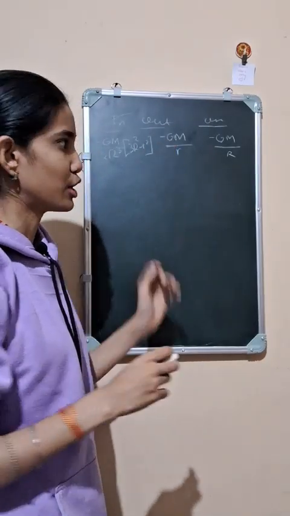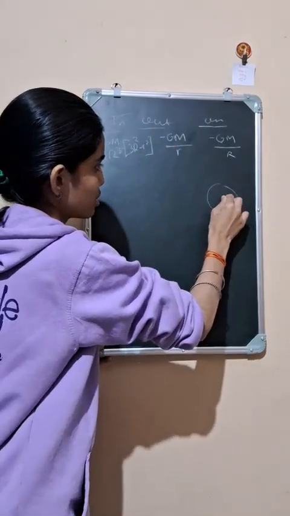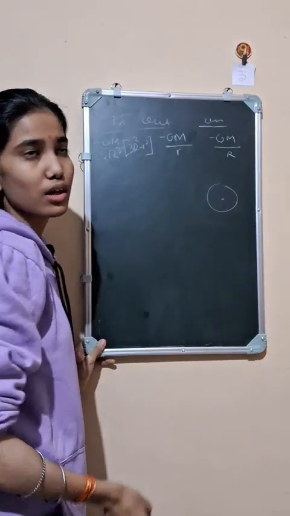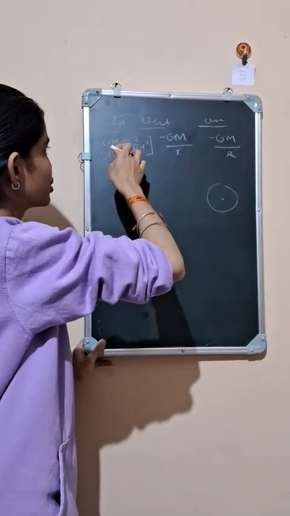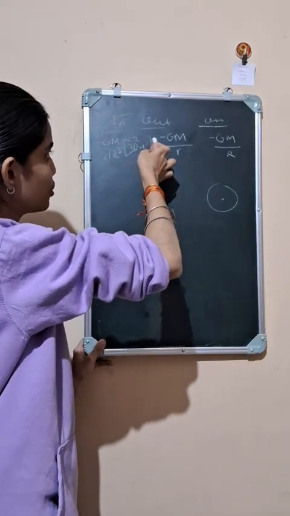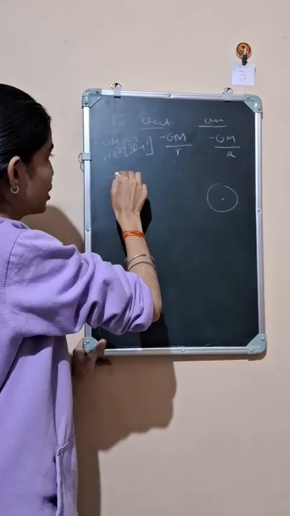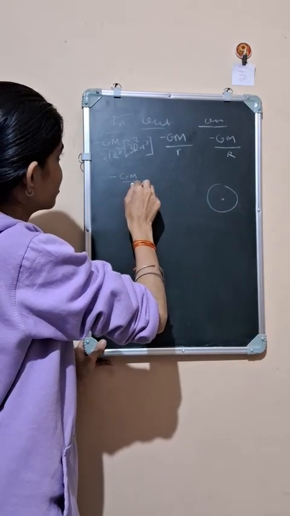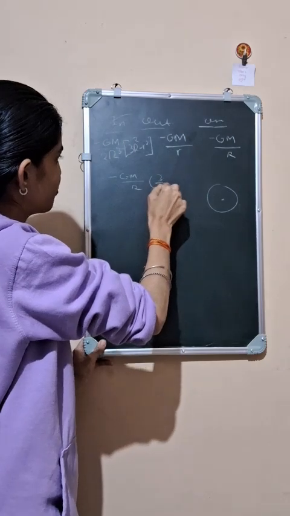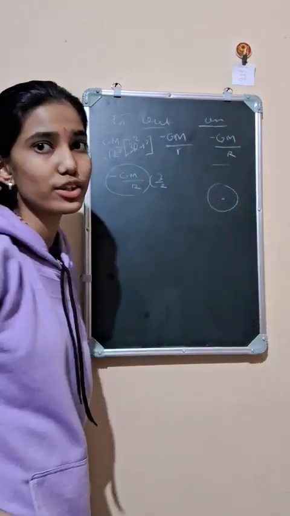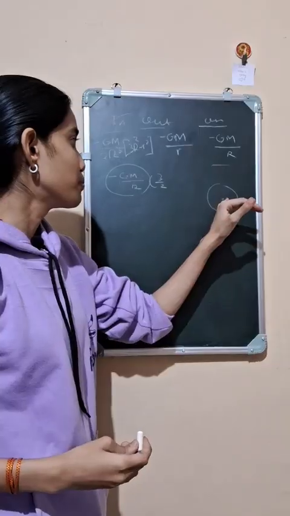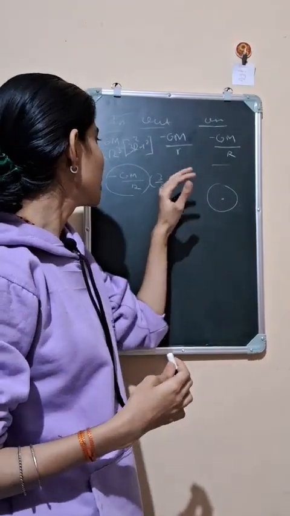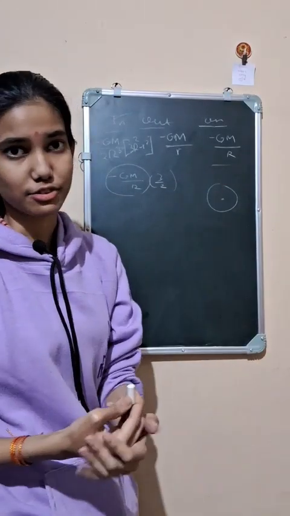Here for this point small r will be 0, and hence this will be equal to minus GM by 2R cube multiplied with 3 R square, which will be equal to minus GM by R multiplied with 3 by 2. Minus GM by R is the potential on the surface, means at the center the potential due to a solid sphere is 3 by 2 times of that on the surface.